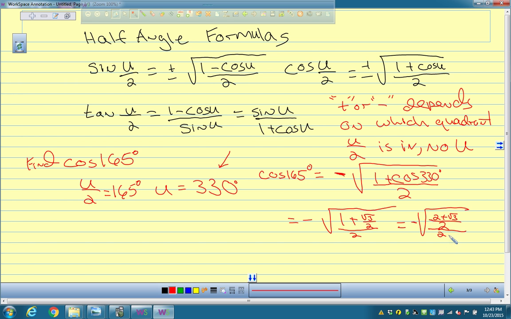If I simplify that a little more, I get negative square root of 2 plus root of 3, that whole thing over 4, and I can pull the square root of 4 outside of the box. So I could rewrite this as negative square root of 2 plus root of 3, the whole thing over 2.